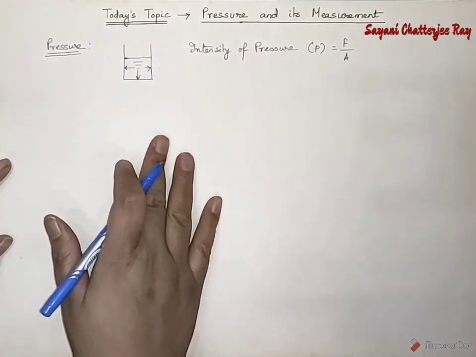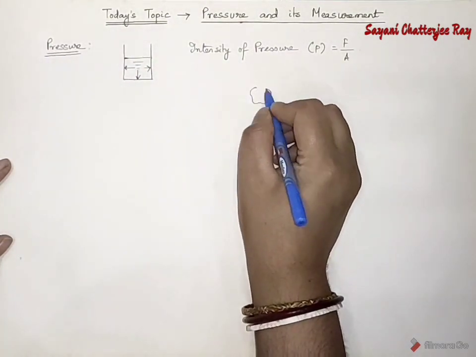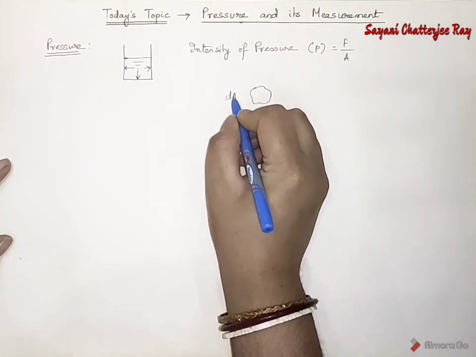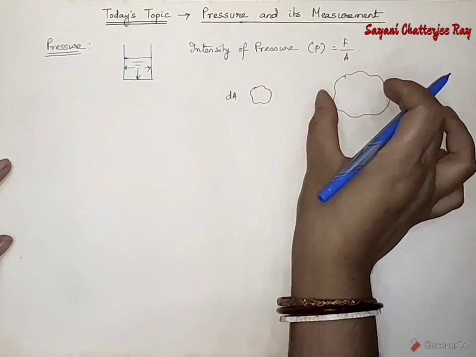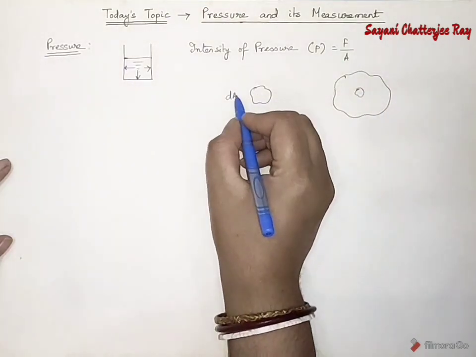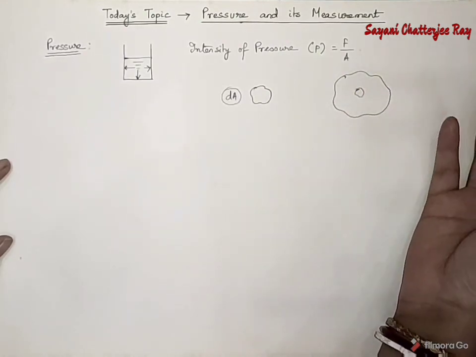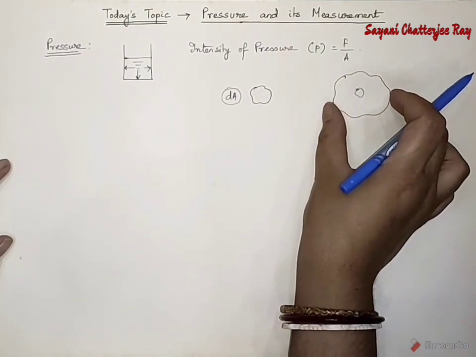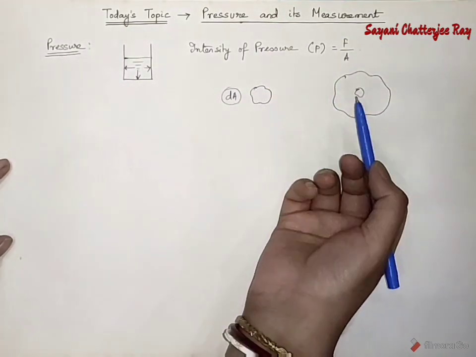To understand this concept better, let us consider a small area dA which is taken from a large mass of fluid. So this is a large mass of fluid and from this I am taking a small particle of area dA. This fluid has many particles inside it. So from this fluid mass I am taking a small fluid particle which is of the area dA.